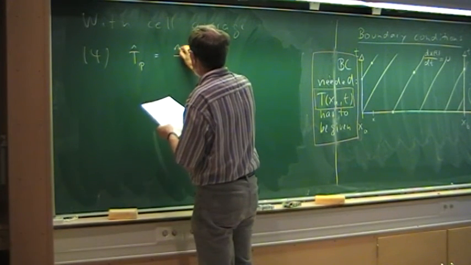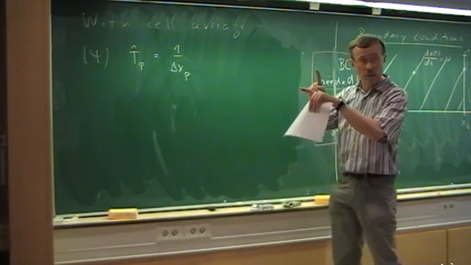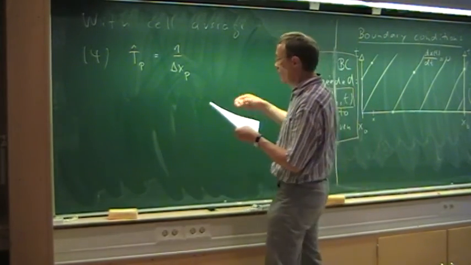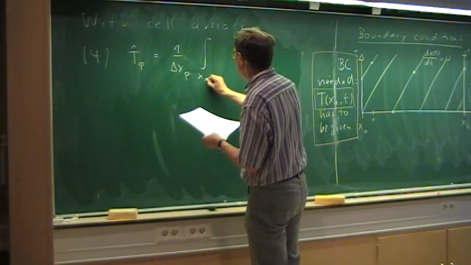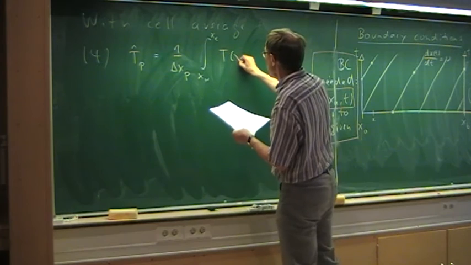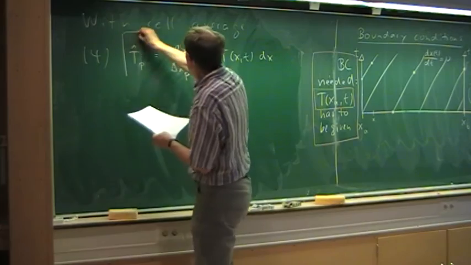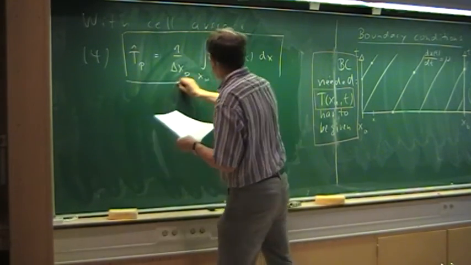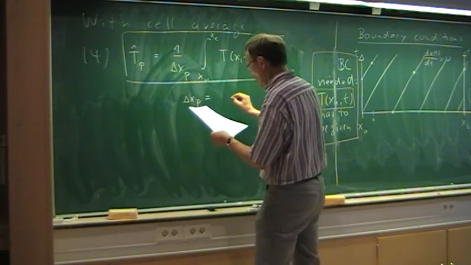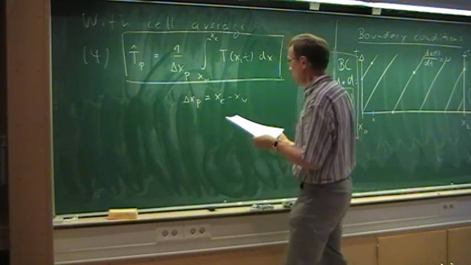It's 1 over the length of our control volume, that is our interval from the western to the eastern face, and we integrate from the western to the eastern face, T of x, t dx. So that is our cell average in the cell P. And delta x_P is the distance from the western to the eastern face.